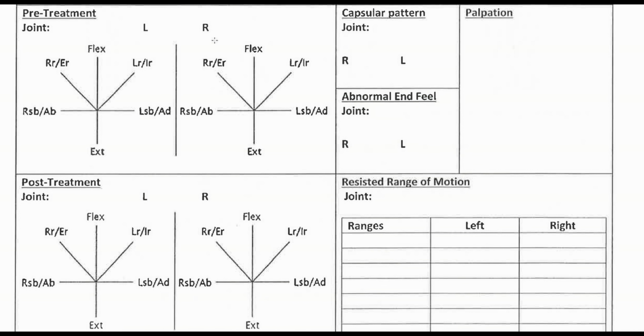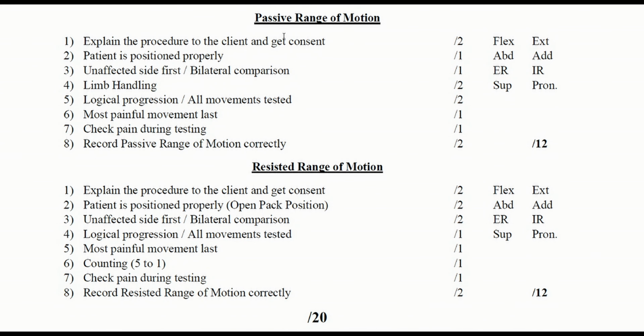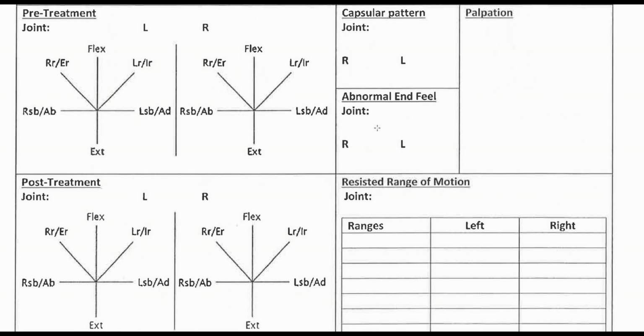If we say during your passive range of motion testing that one of the actions you were doing, while you're doing it, they couldn't complete because it's painful, then you need to chart it as empty because of pain. Okay?